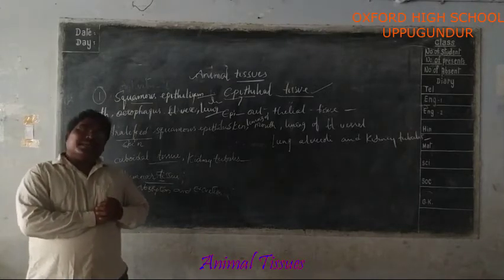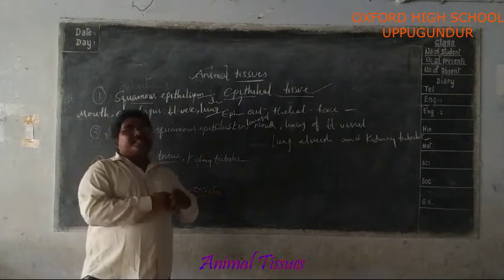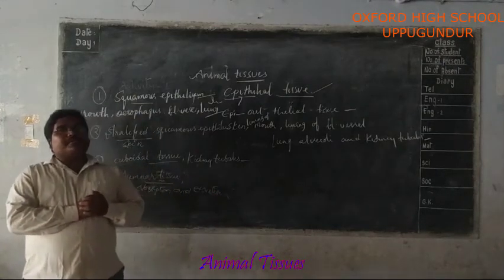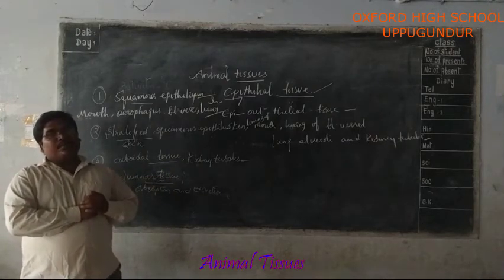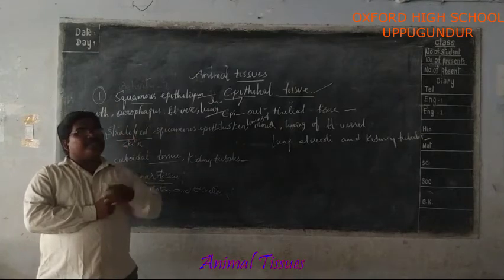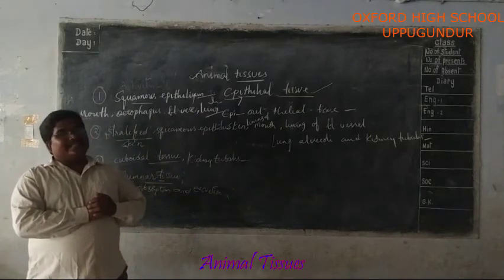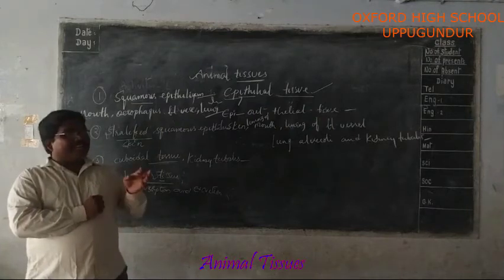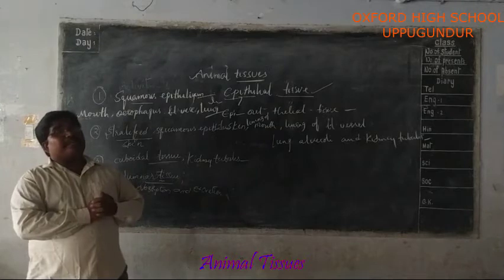That means 4 kgs. The scales present in fishes and reptiles are also modified epithelial cells.